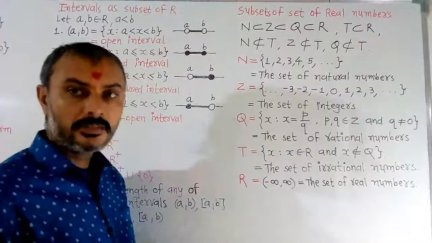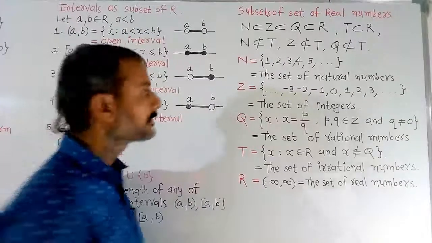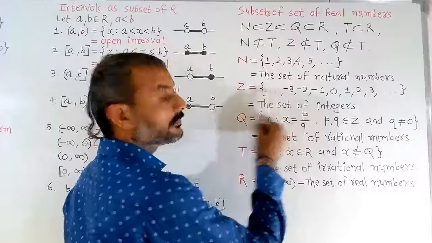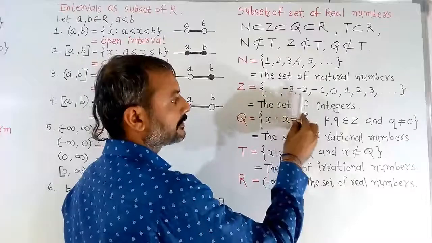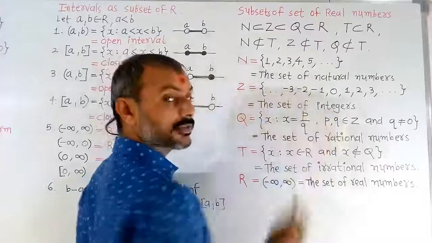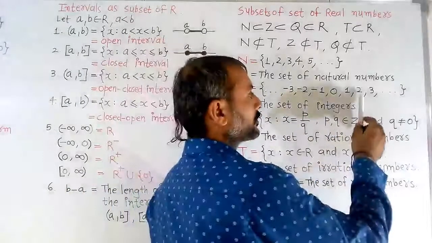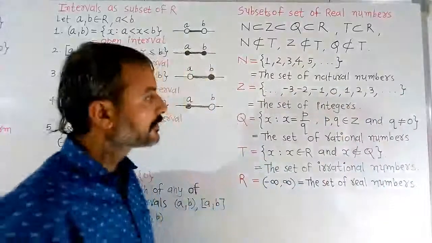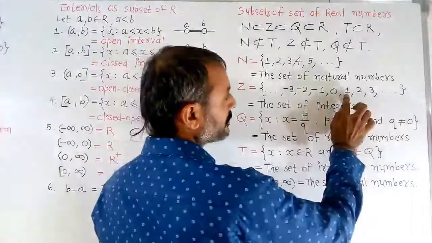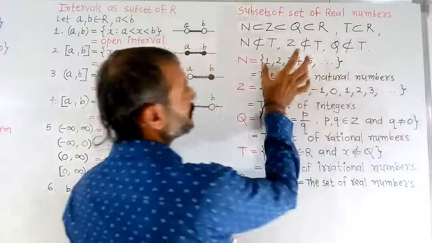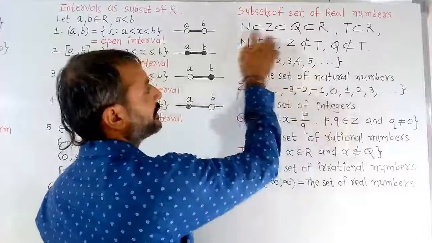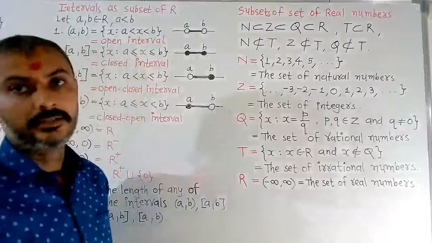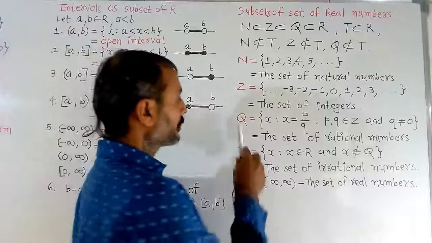Which numbers are included in Z? Negative infinity, -3, -2, -1, 0, then 1, 2, 3 and up to infinity. So this Z also contains 1, 2, 3 and so on, meaning all of N. So N is a subset of Z. Is that clear?